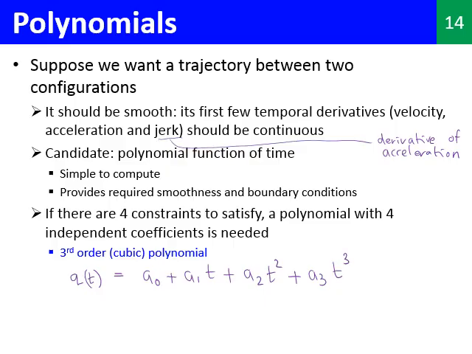And its first temporal derivative, which is velocity, q dot (t), is equal to a1 plus 2 a2 t plus 3 a3 t squared.